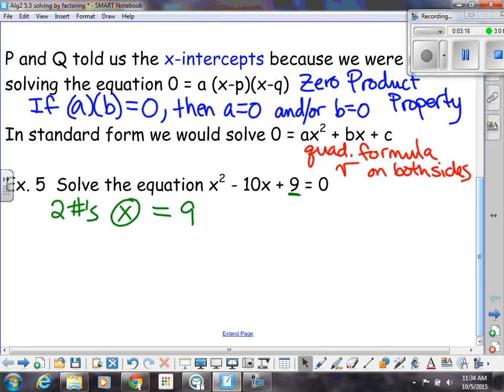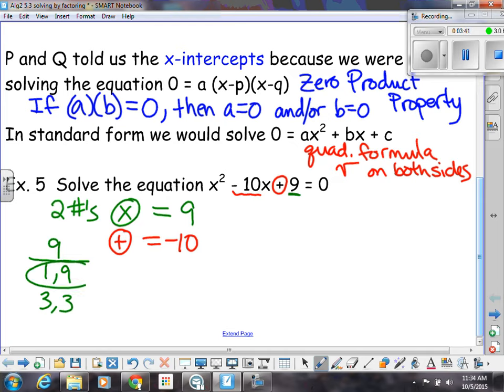And then remember we had to look at this sign here, and we would say those same two numbers have to add to equal that middle term, negative 10. And then we would look at all the factors of 9. So if I look at the factors of 9, I've got 1 and 9 and 3 and 3, and that's about it, right?